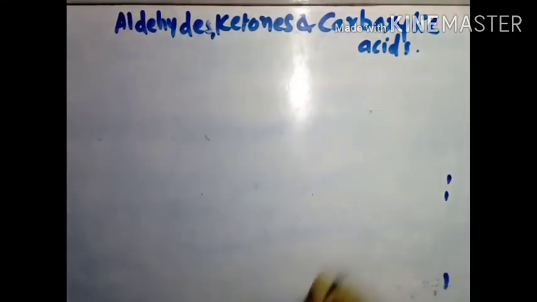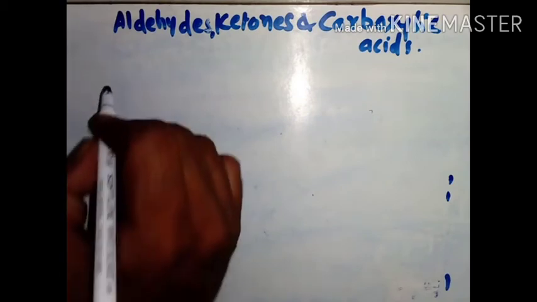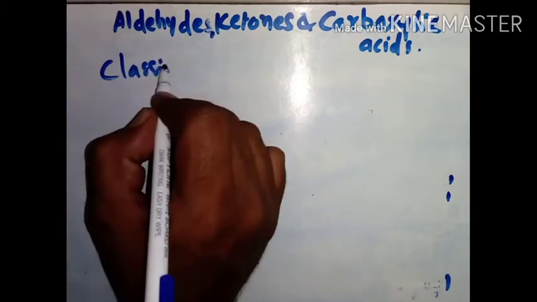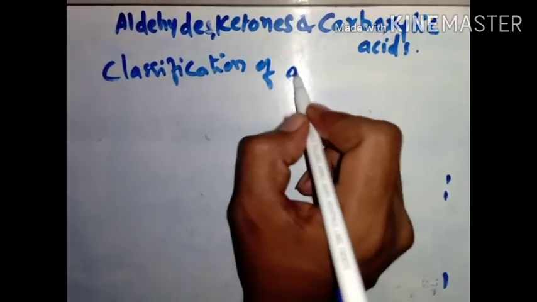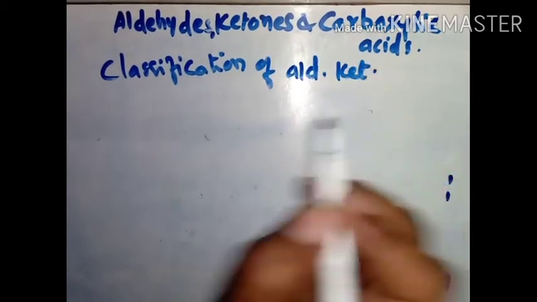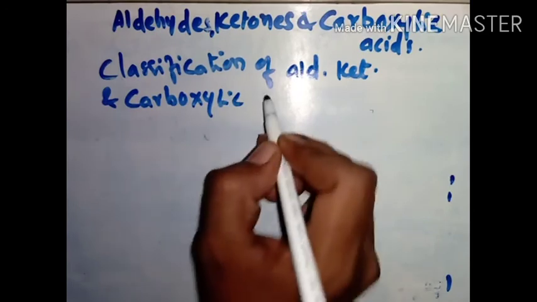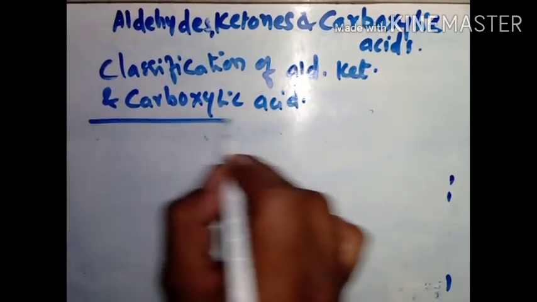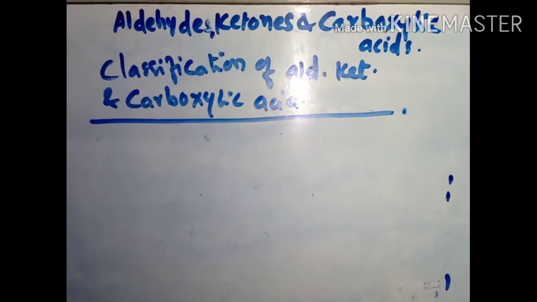Now the classification of aldehyde, ketones and carboxylic acid. Aldehyde, ketones and carboxylic acid are classified as per the nature of carbon skeleton or group which are bonded to the carbonyl group.